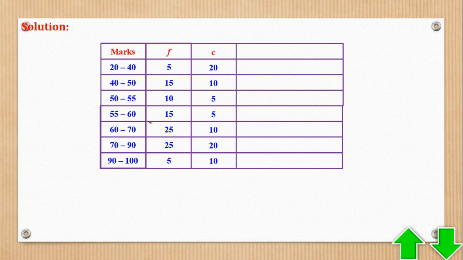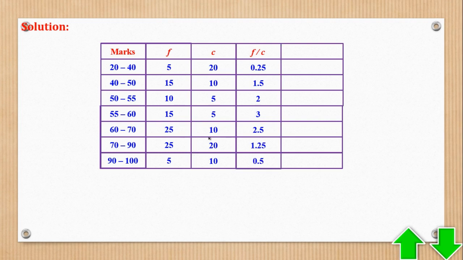Okay. After getting class width, we can now get the frequency density, which is frequency over class width. So 5 over 20, 0.25. 15 over 10, 1.5. 10 over 5, 2. 15 over 5, 3. 25 over 10, 2.5. 25 over 20, 1.25. 5 over 10, 0.25.